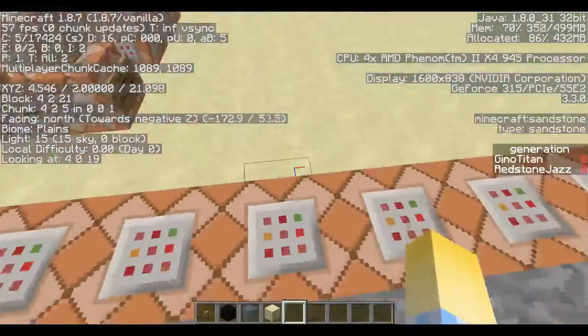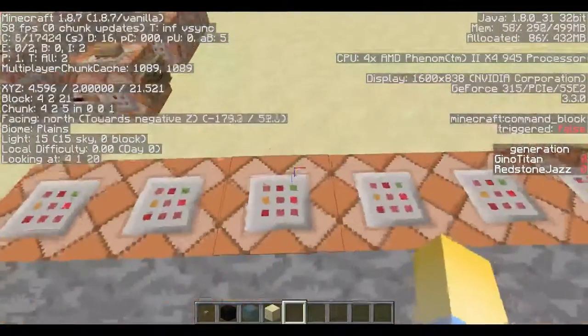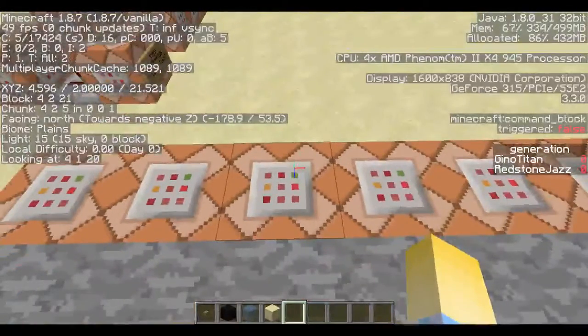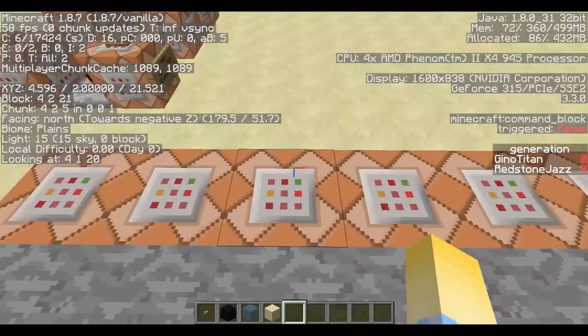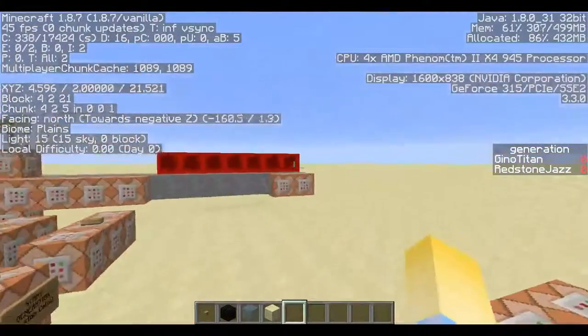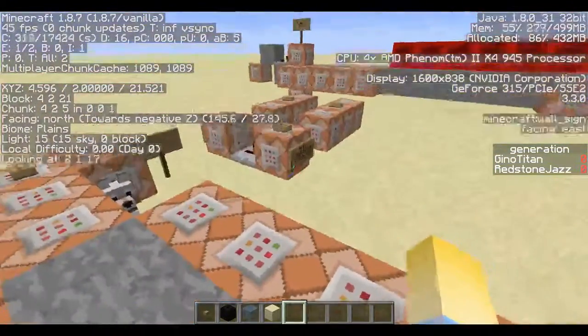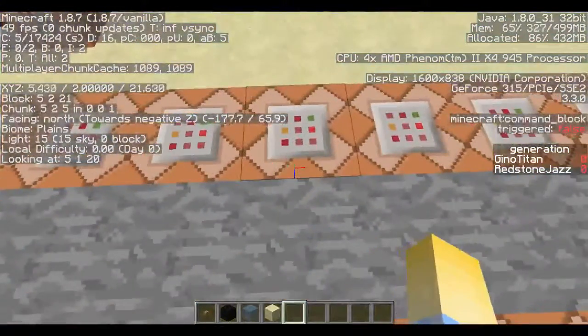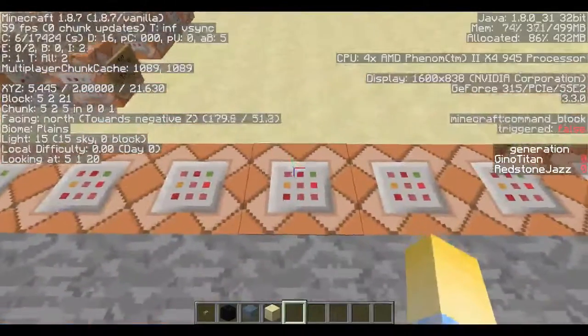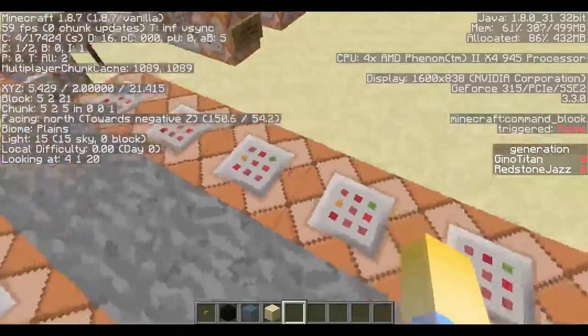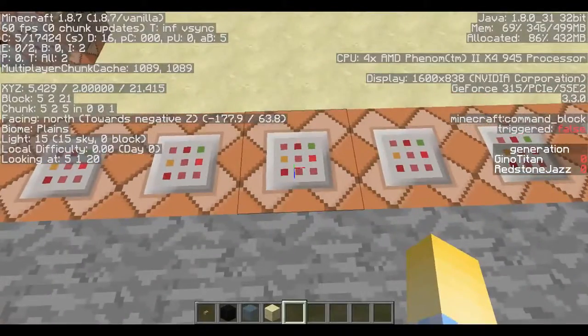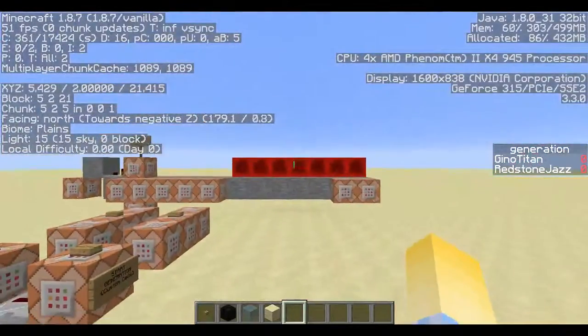And then let's check if we have 32 points. Well, we do. We have 63. So we subtract that. We make this block glass. So we look at this. We have 31 right now. Do we have at least 16? Well, of course. So we set that block to glass.